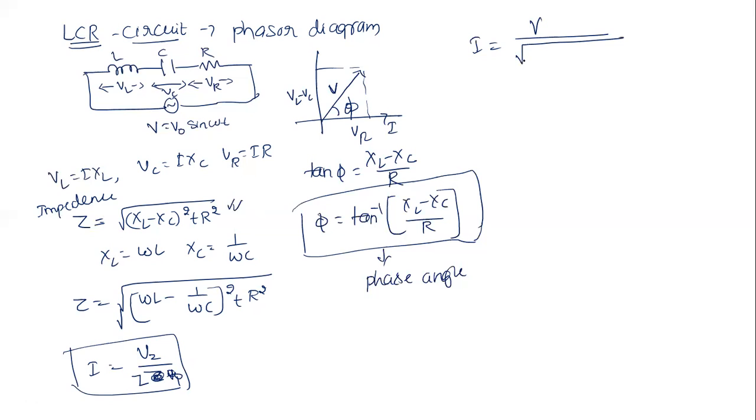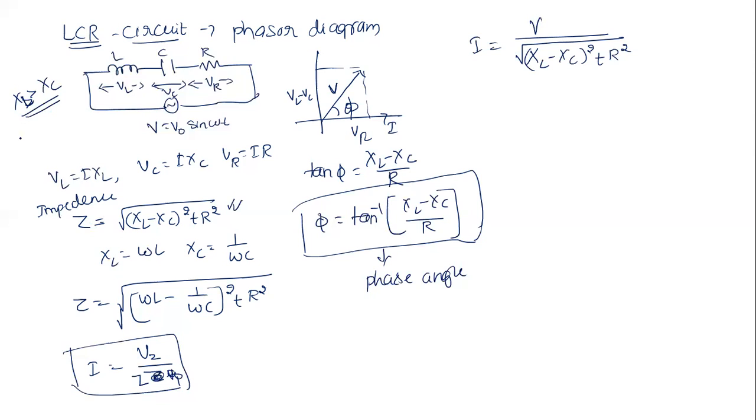Impedance is given by the square root of XL minus XC whole square plus R square. Here I am taking an inductive dominated circuit, which means XL is greater than XC.